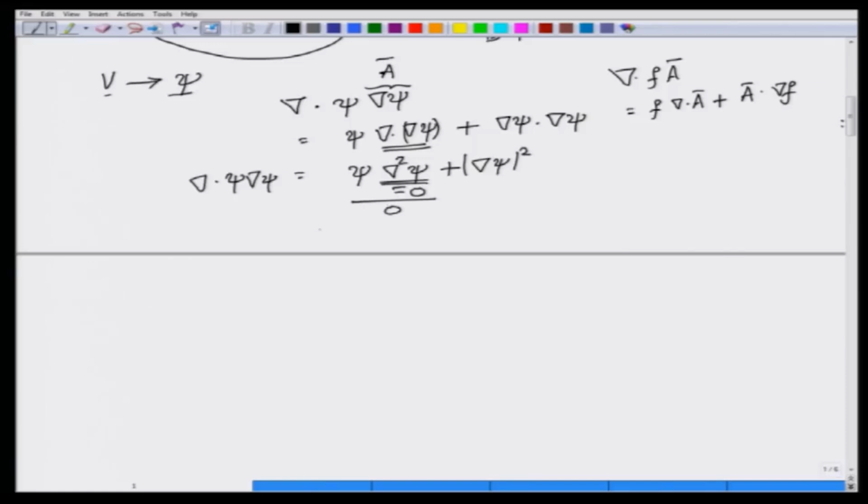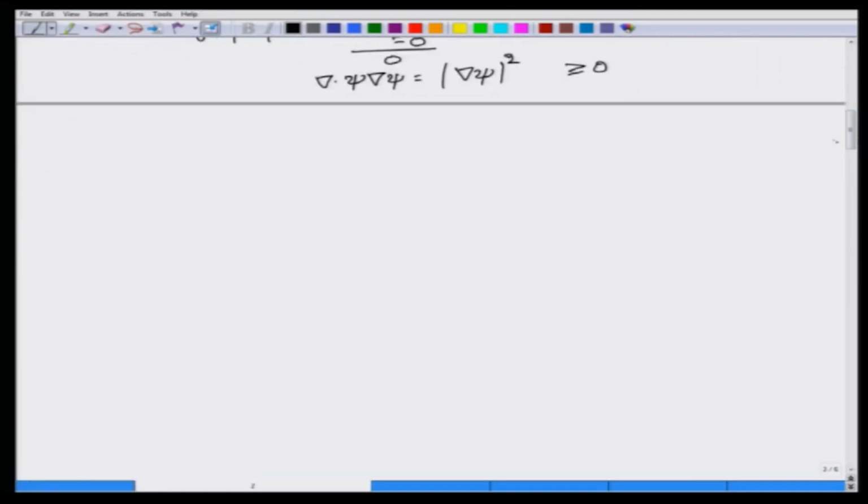What we are left with is a quantity which is greater than or equal to 0. It can at most be equal to 0, but it can never be negative. Why can it not be negative? This is a magnitude squared. Whenever you take the magnitude of a number, it will always be positive, or at most equal to 0 when that number itself is 0.